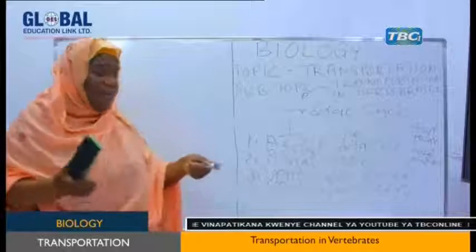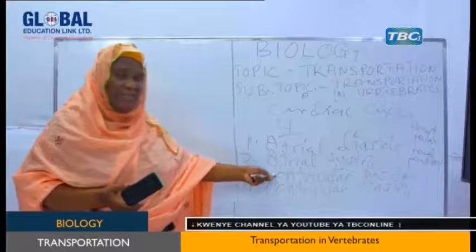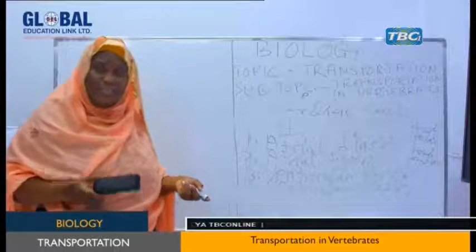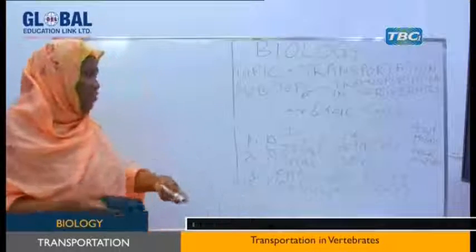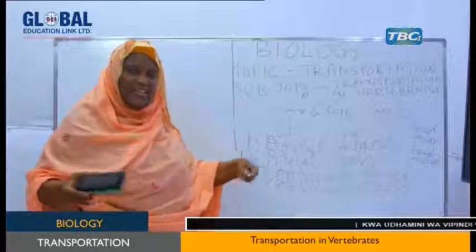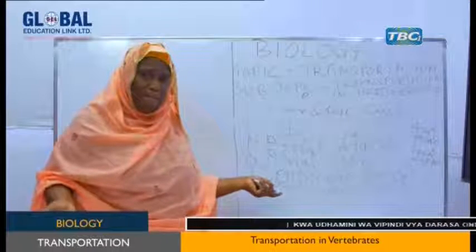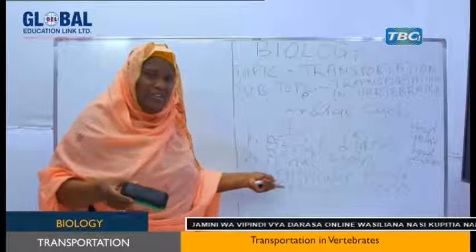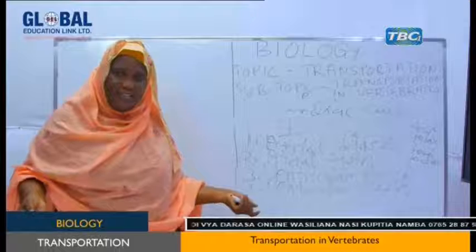Then, when the blood have already been squeezed from the ventricle, it means now the ventricle enters this period. It relaxes. But mind you that I'm talking both ventricles. Both ventricles will relax.